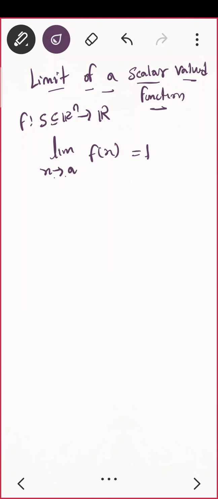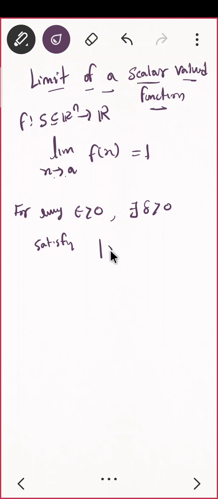Alright, for every epsilon positive, there exists delta positive satisfying x minus... Will it be mod or norm? Because you should understand where your x and a are. It is in Rn, correct?